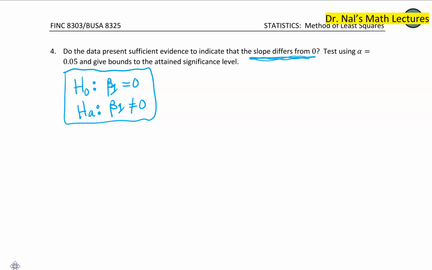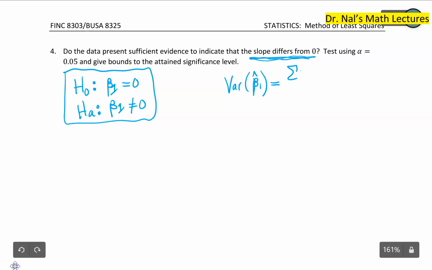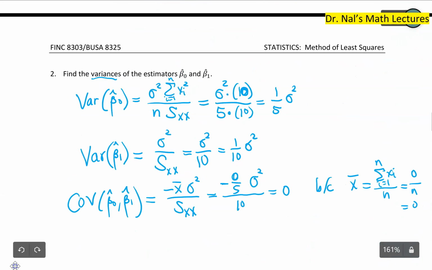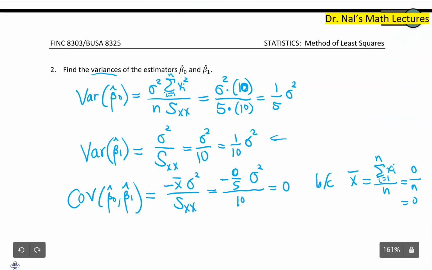With those two assumptions, let me just remind you what we did. The variance of beta 1 hat turned out to be, if I'm not mistaken, xi squared divided by n SXX, times sigma squared. We did it a couple of questions ago.